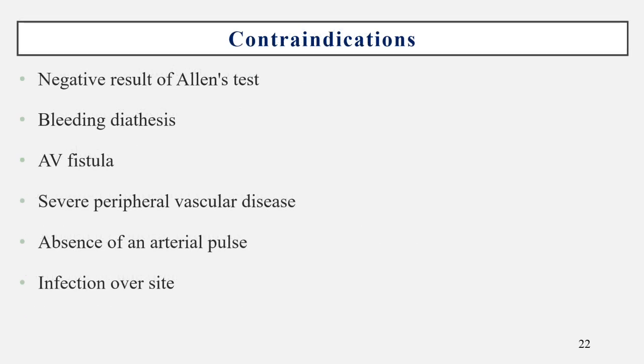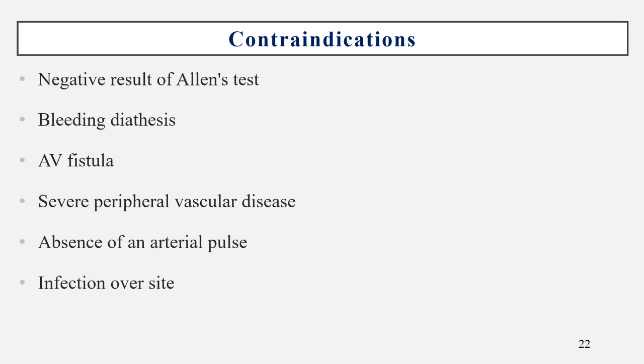And contraindications of arterial blood gas: negative result of Allen's test, bleeding diathesis, AV fistula, arteriovenous fistula, severe peripheral vascular diseases, absence of arterial pulse, and infection over the site.